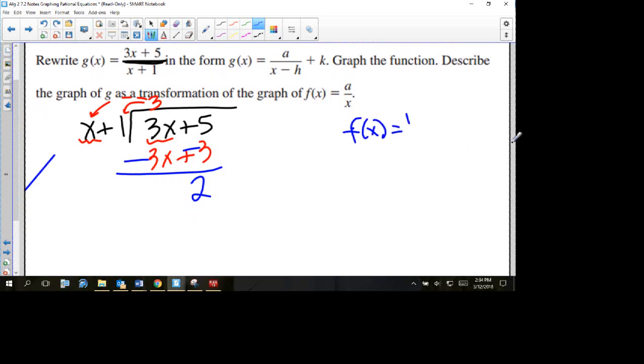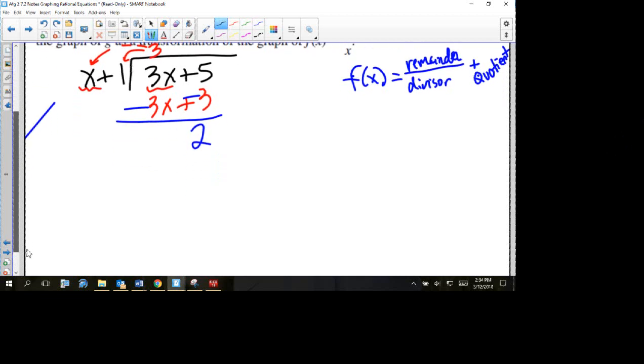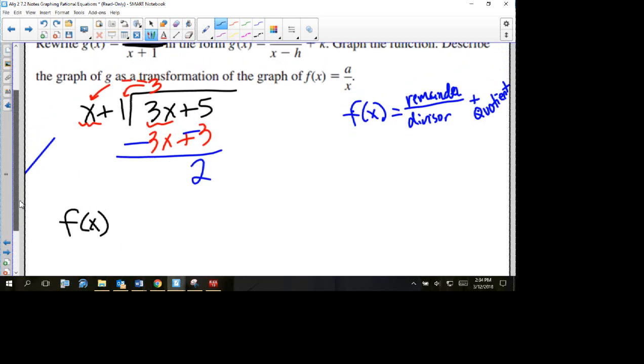You're going to put the remainder over the divisor plus the quotient. Whoa, big words. So the remainder up here was 2, so we're going to have f of x, or was it g of x? What is it up here?